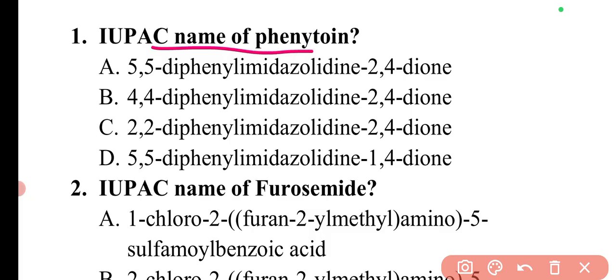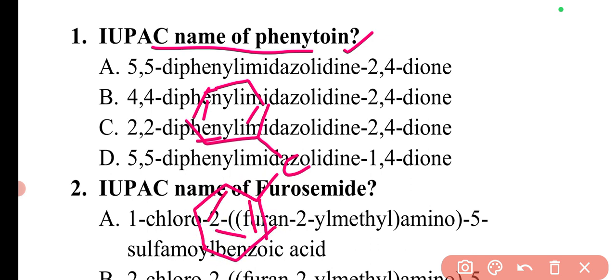Here is the IUPAC name of phenytoin. Phenytoin is used in epilepsy conditions. If we check the structure of this compound, it has a benzene ring attached to a carbon atom, which is attached to another benzene ring. Here you will find another benzene ring.